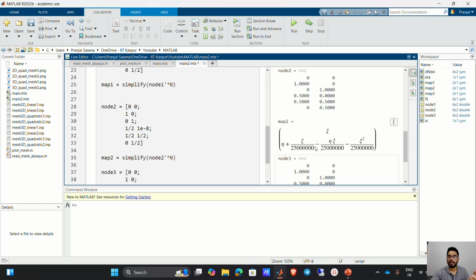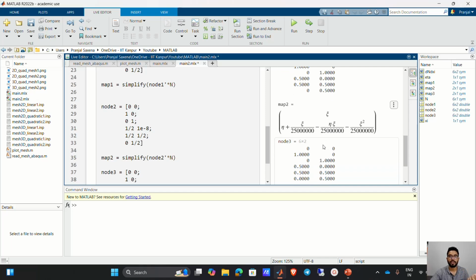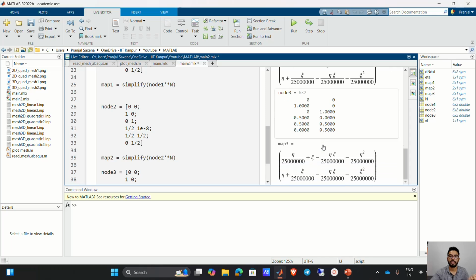This is actually a very deteriorating effect on the approximation property of the element. So even if we are just off by a value of 1e-8, we still have to face the consequences of lower approximation properties. Similarly, for the third, when both values are off by 1e-8, we have a quadratic mapping for both x and y.